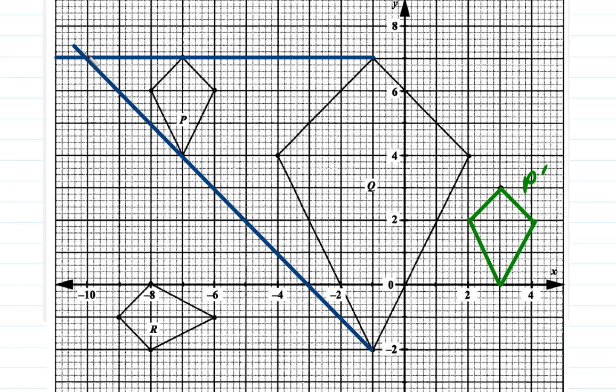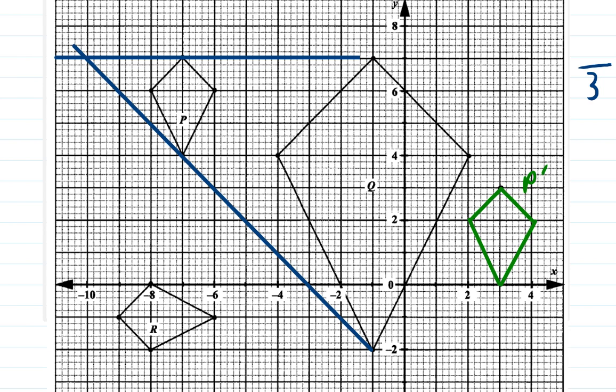Let's see, how far is this? 1, 2, 3. You see, from the center of enlargement to P is 3. We're going to have the distance to the image over 3. So let's see what it is. 1, 2, 3, okay, 4, 5, 6, 7, 8, 9.